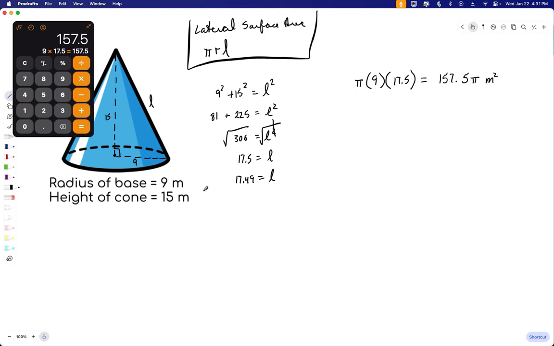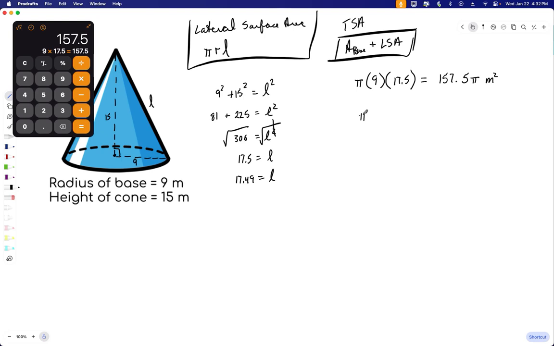Okay. Now we have to find the total surface area. So that means total surface area is equal to the area of the base plus the lateral surface area. We know that, right? So this cone only has one base. We have the bottom here, and that area of the base is going to be a circle.